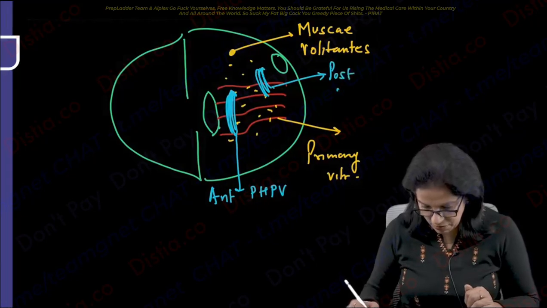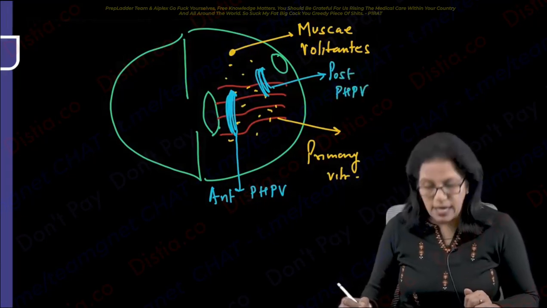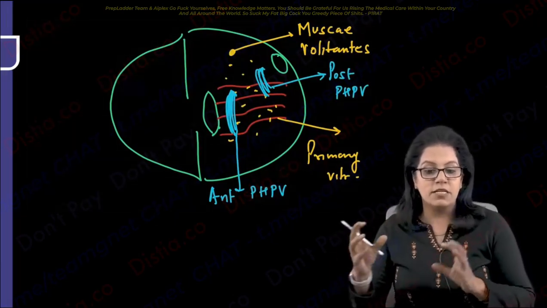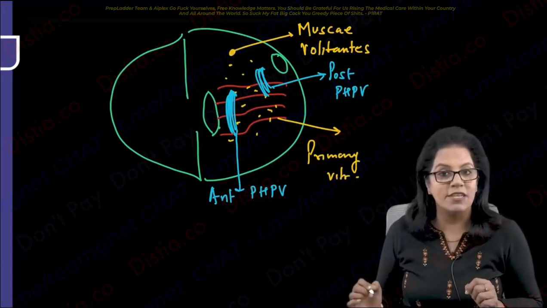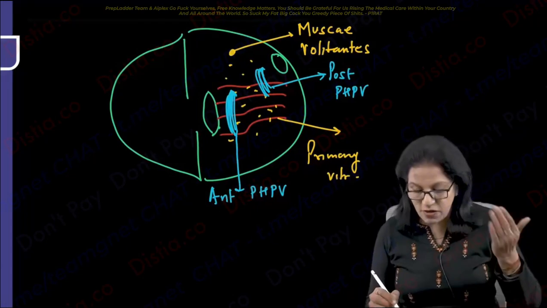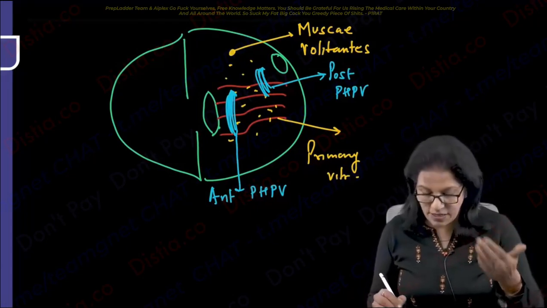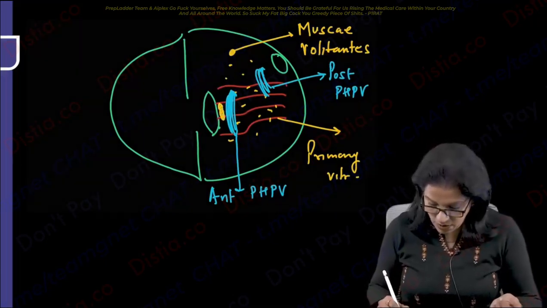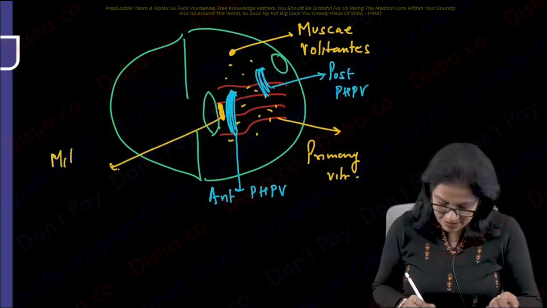Okay, we'll talk about a few points in this also. First, keep listening. And suppose it is neither that big a chunk, nor as small as Muscae volitantes, anything in between. So this is a way of learning that I'm telling you. So think like this, if anything in between is behind the lens, this is what is called Mittendorf dots.